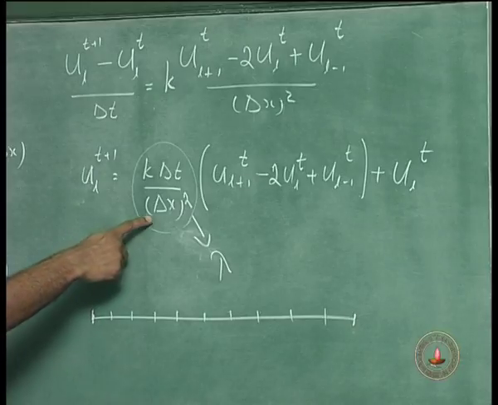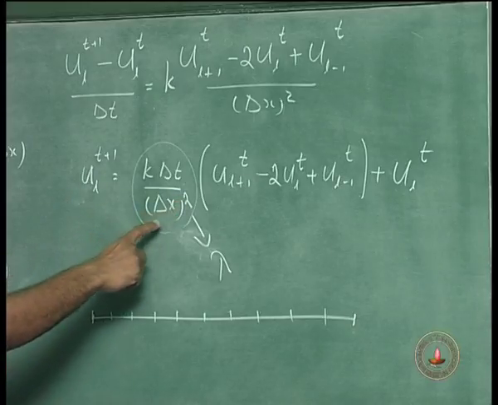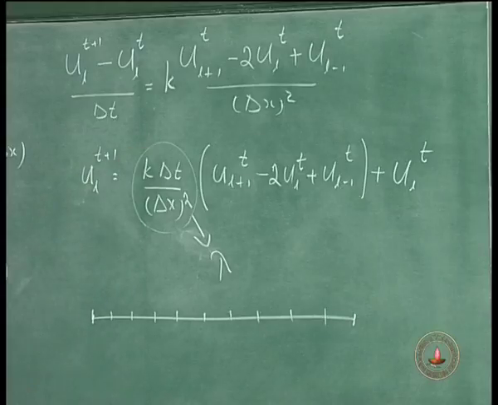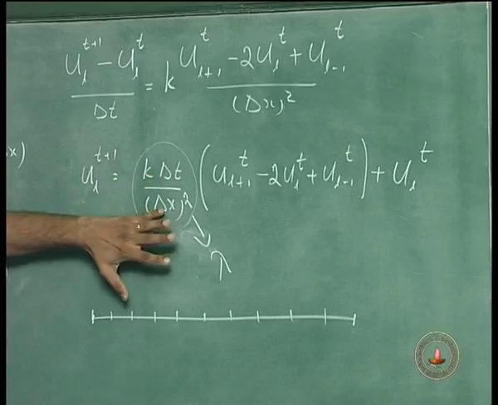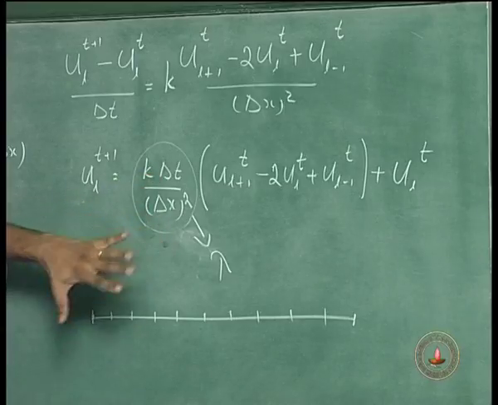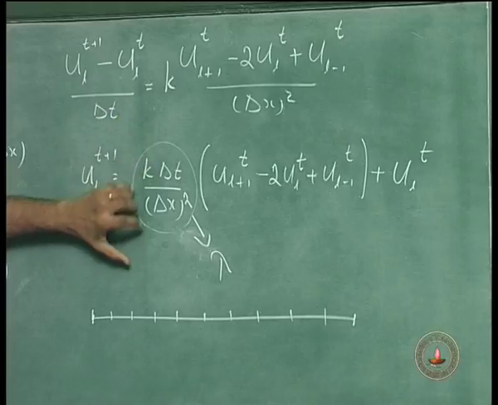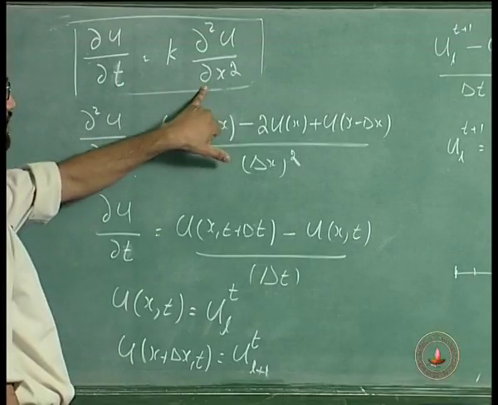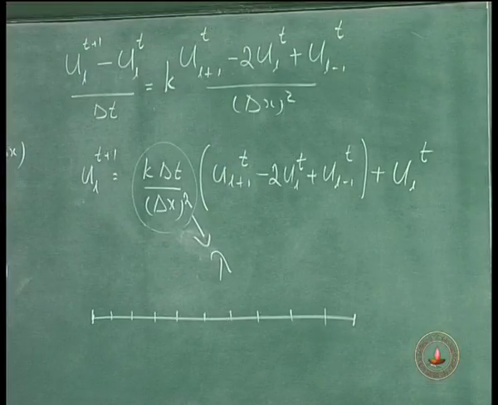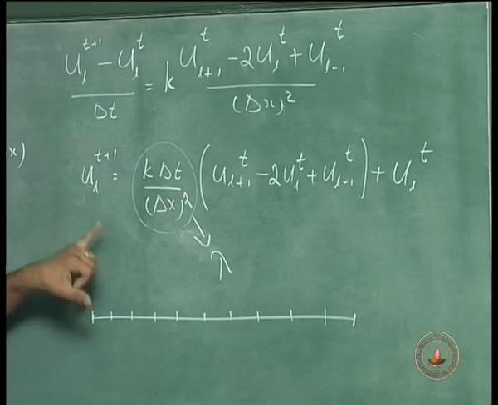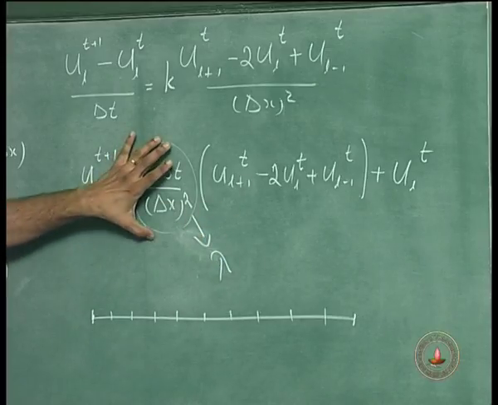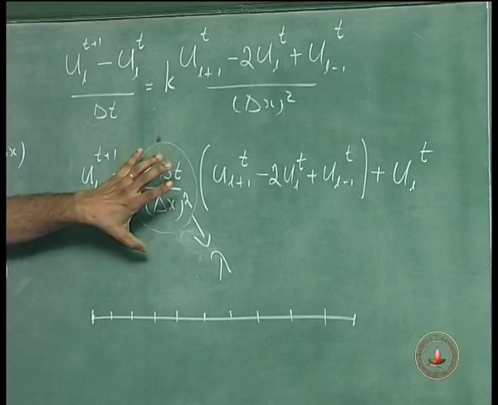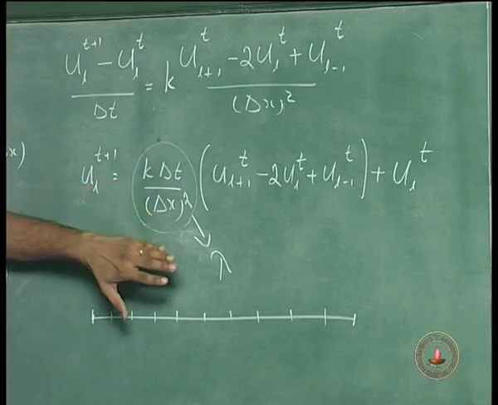When we change delta x, the effect on this equation is not the same as when we change delta t. We have discretized both space and time, but the effect of the discretization on stability is not the same for time and space, because it is first order in time and second order in the space derivative.